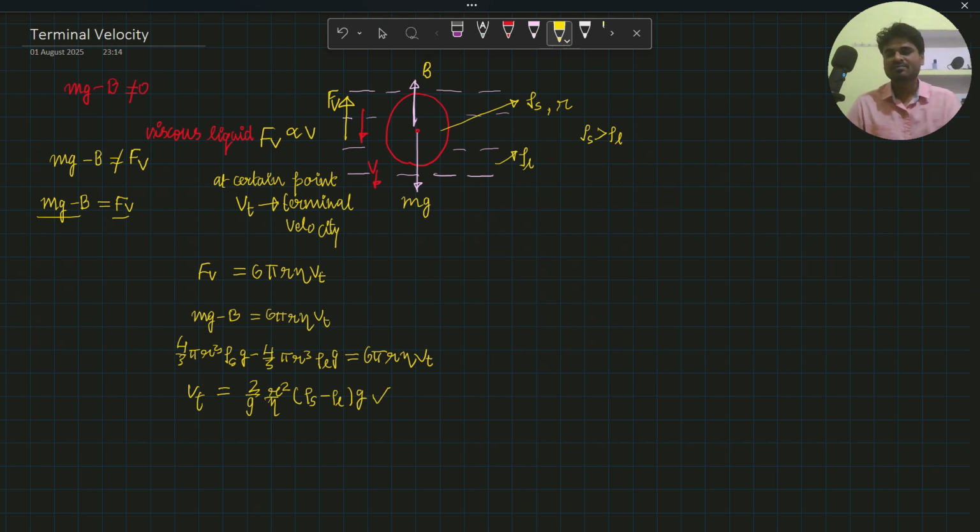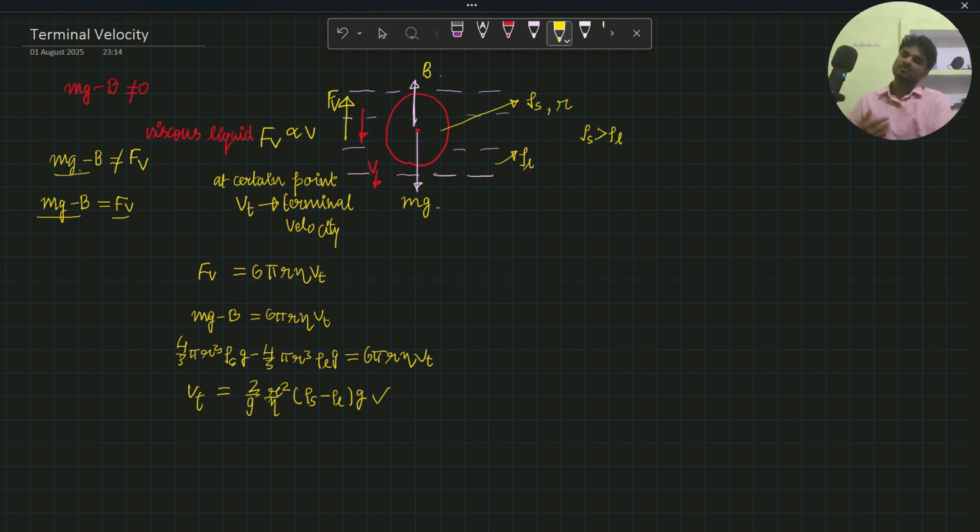So let me summarize this once more. Whenever there is a freely falling ball in a liquid, its weight will be greater than buoyancy, and this force is unbalanced, and because of that its velocity will start to increase.